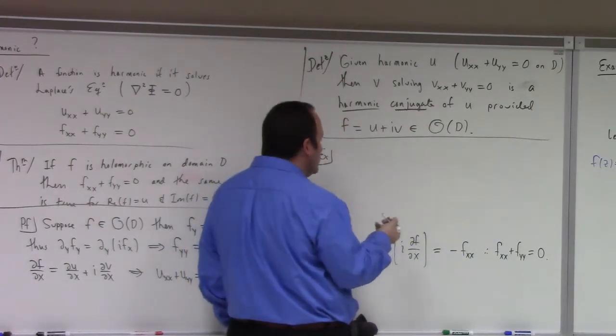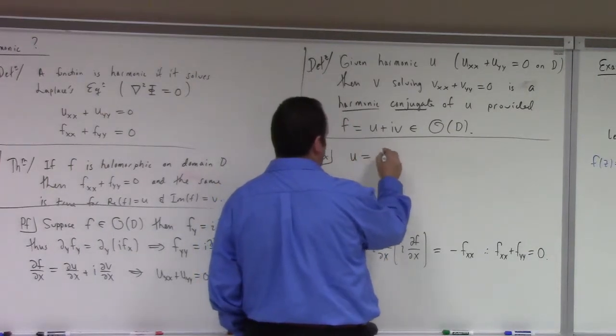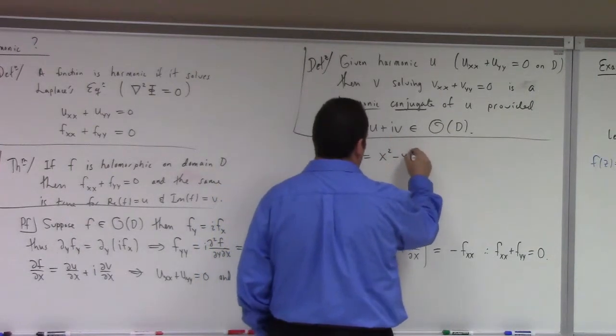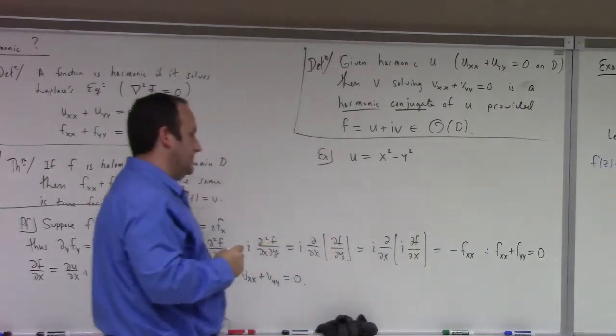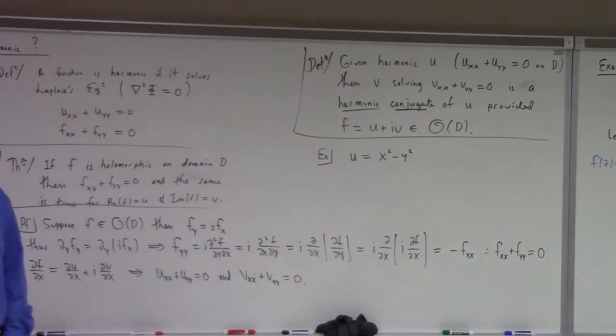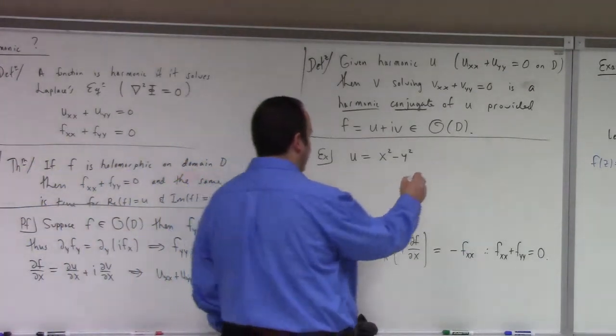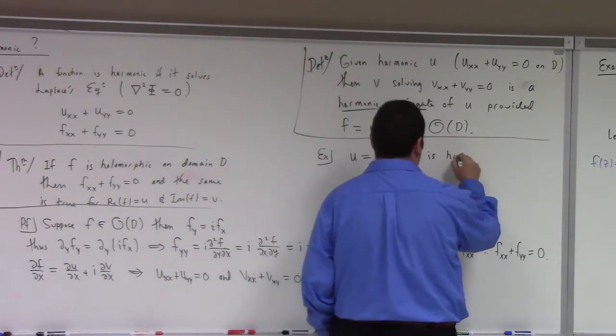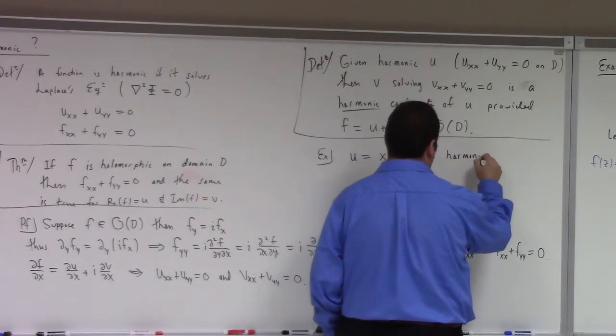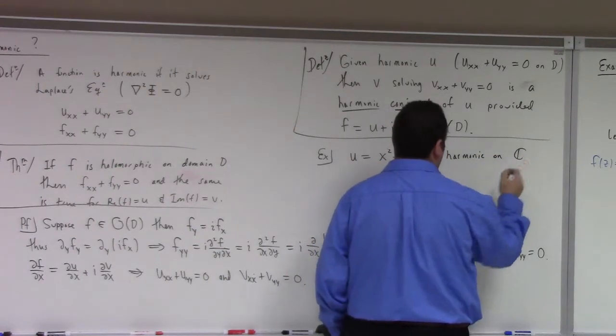If I told you u equals x squared minus y squared is a given function and it's harmonic, right? If this is a harmonic function on the plane, isn't it? Agree?